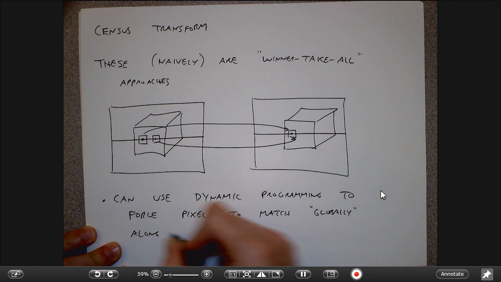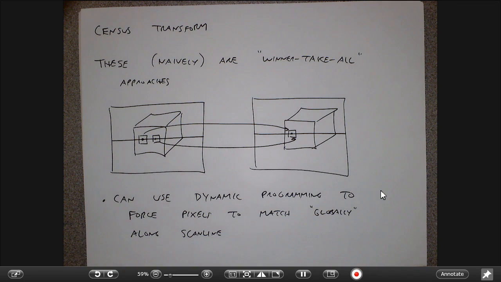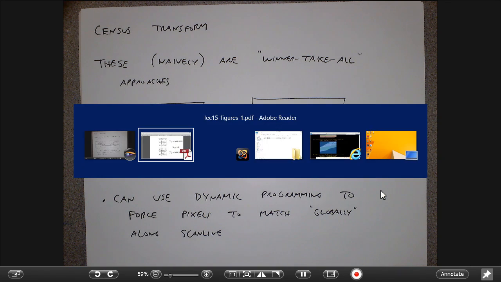What I'd like to be able to say is that I want to make a decision about all the matches along the scan line at once, in such a way that, taken across the whole scan line, I have the best match possible, instead of independently choosing the best match for every pixel along the scan line.